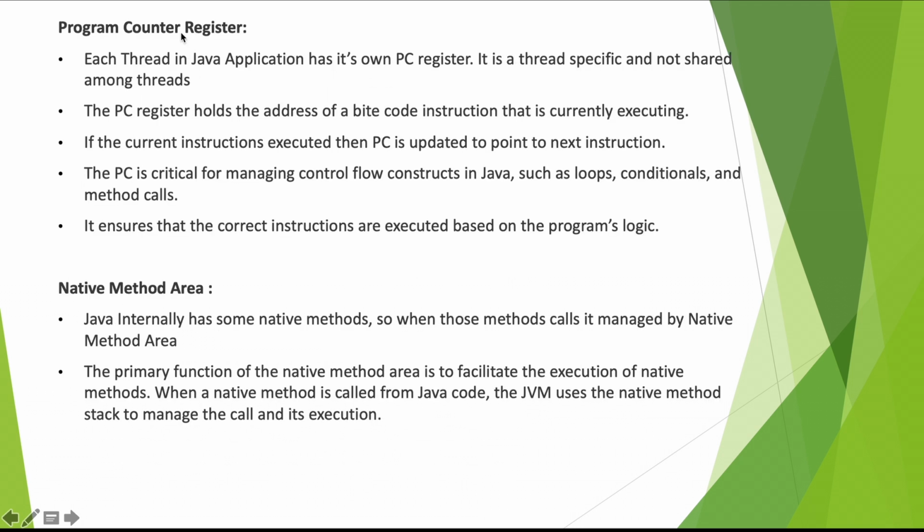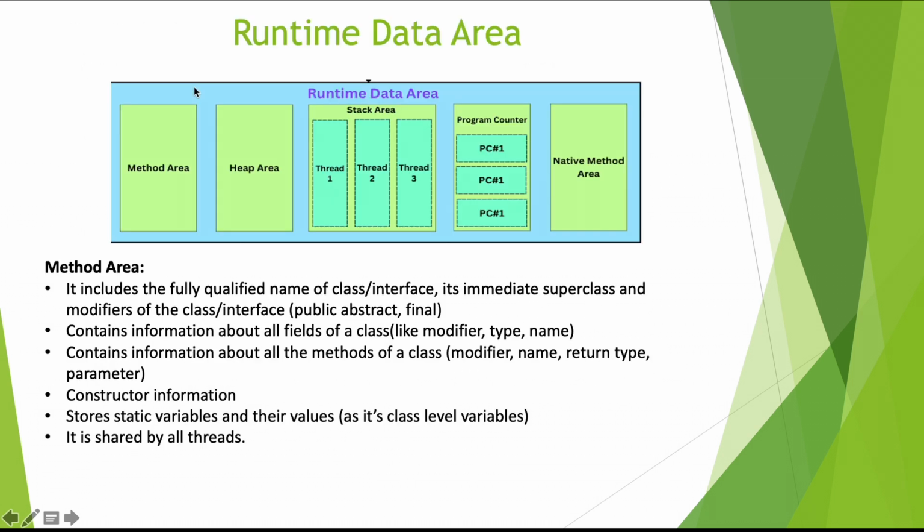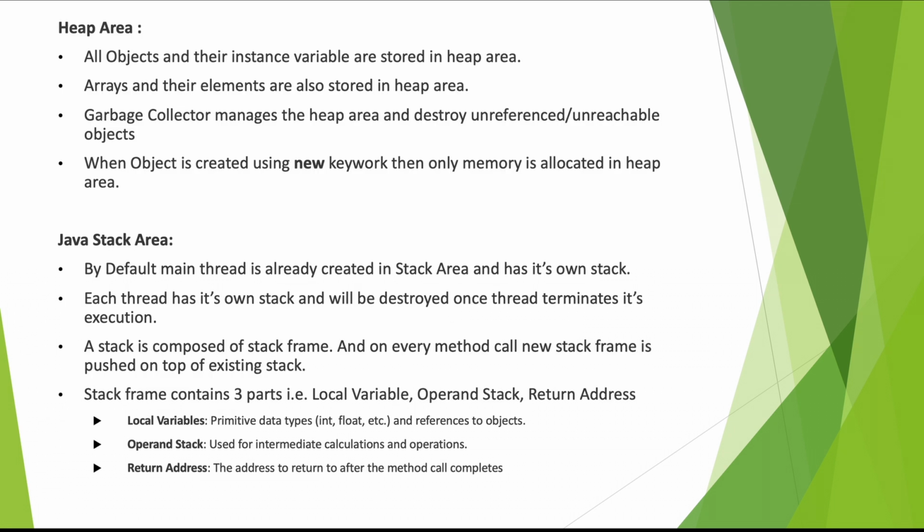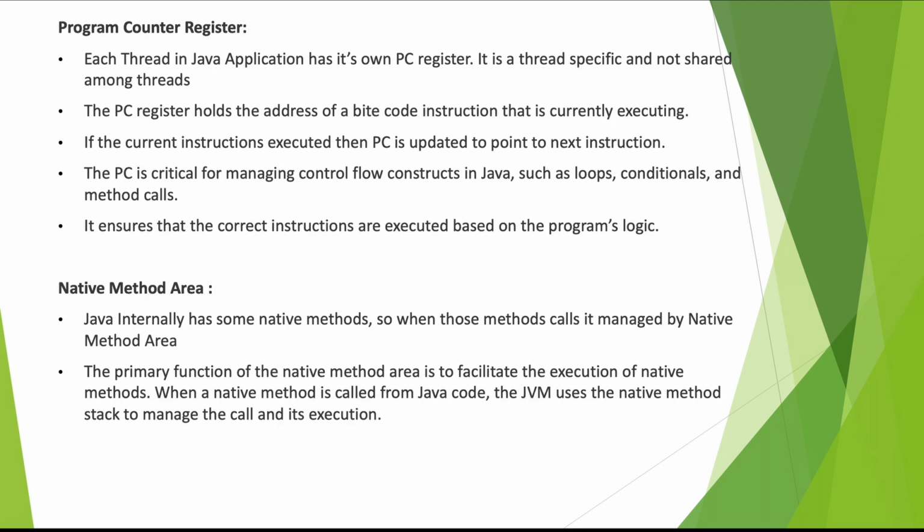Program counter register. Each thread in a Java application has its own program counter. It is thread specific and not shared among threads. Whenever any thread is created, a respective program counter is also created for that thread in the program counter area. The program counter holds the address of the bytecode instruction that is currently executing.